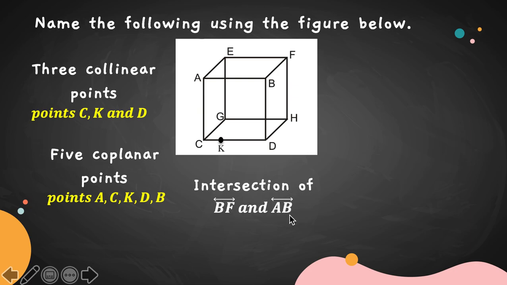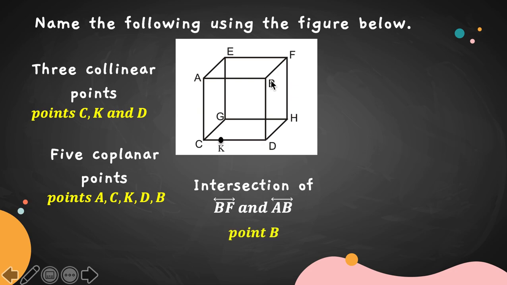Before you proceed, you have to remember that when you say intersection of two lines, definitely they will intersect in just one point. So when you say intersection of lines, their intersection is a point. Now look at the figure. Here is line BF, and look at line AB. On what point do they meet? Of course, that is point B.